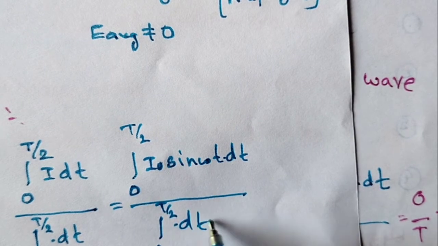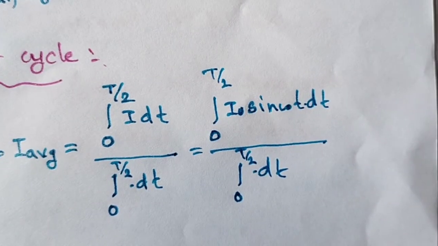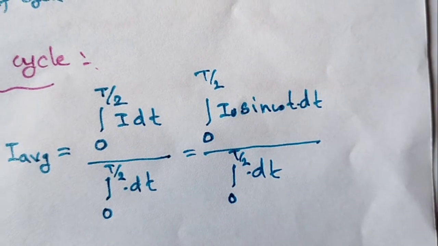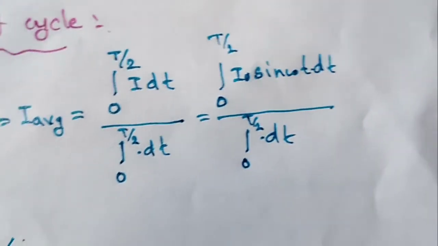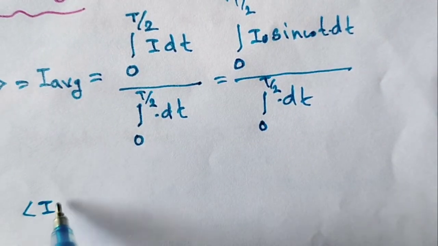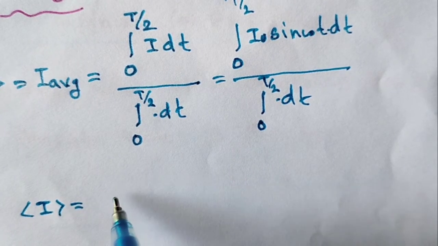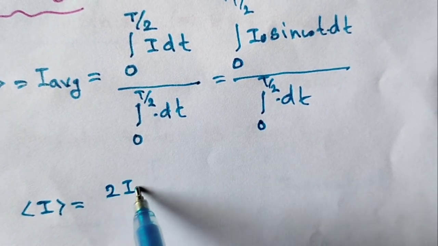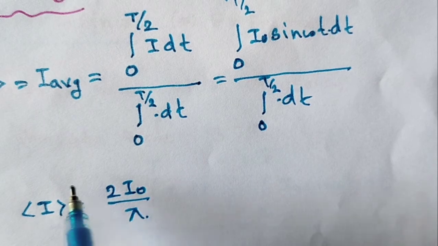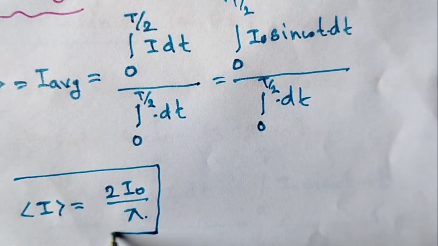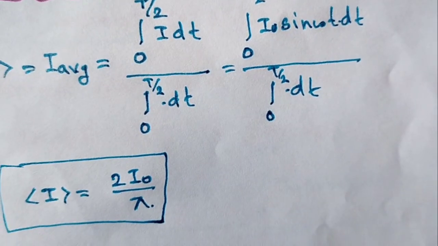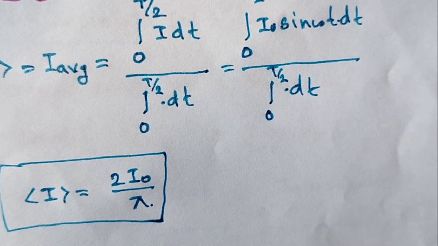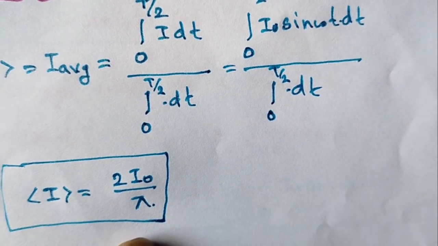You can calculate it, and I will write the final value directly from the integration: I average is equal to 2 I naught by pi. This is the half cycle value, whether positive or negative half cycle.